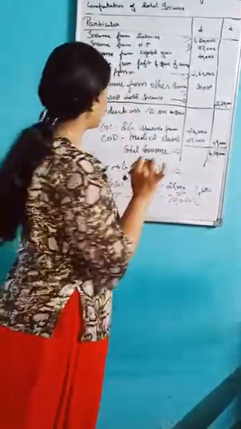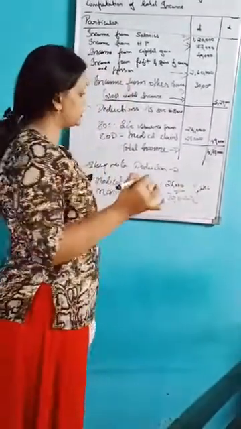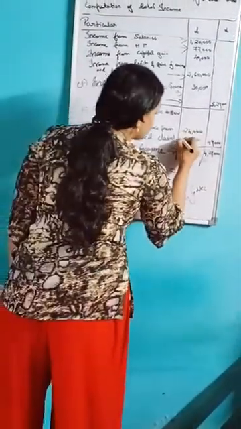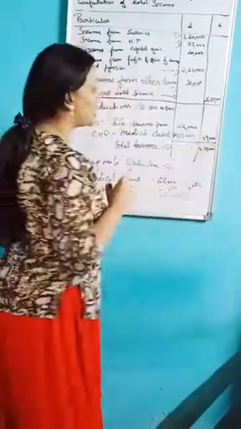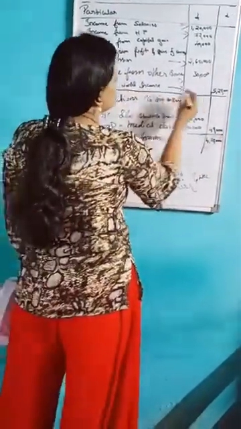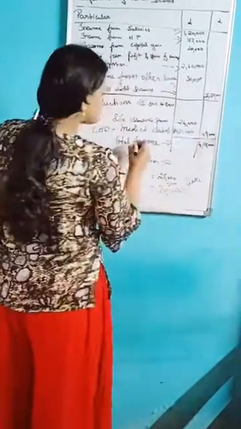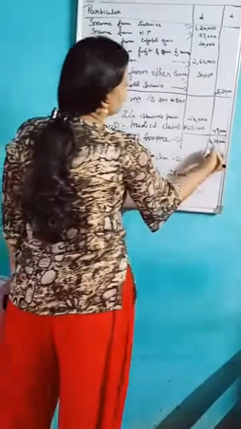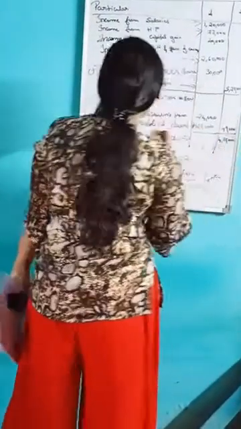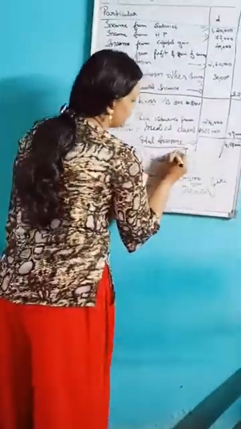Medical claims, that is 25,000, and you add both, so you will get 49,000. And from gross total income minus deductions, you will get 4,78,000. That comes under total income.